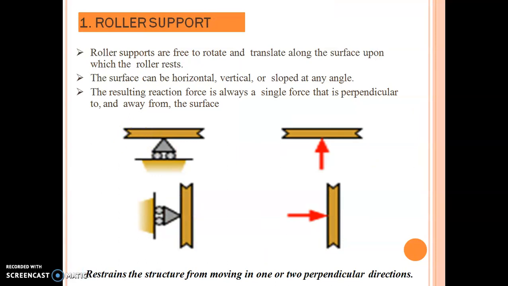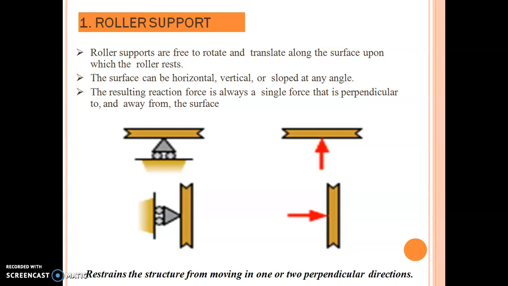for supporting the structural member, which is your roller support, and the motion of the roller support is horizontal for the horizontal structural member. The surfaces can be classified as horizontal, vertical, or sloped at any angle.